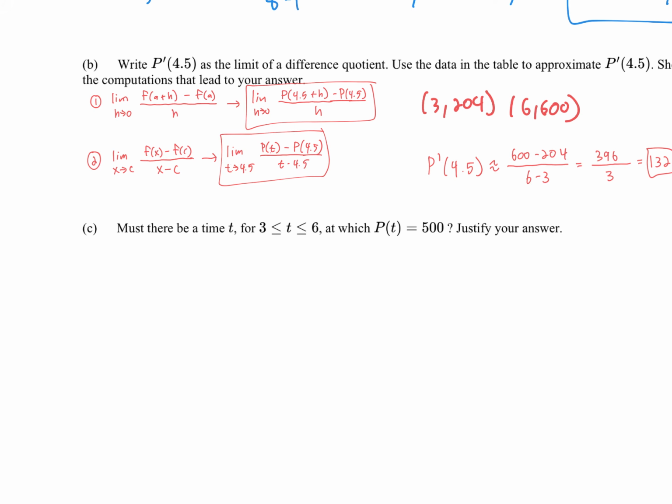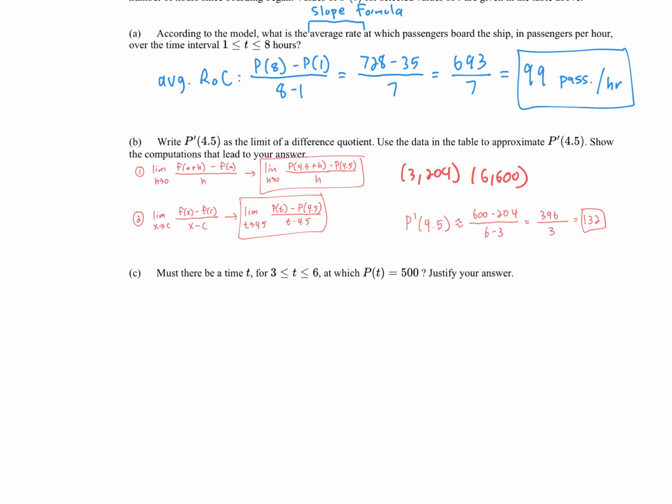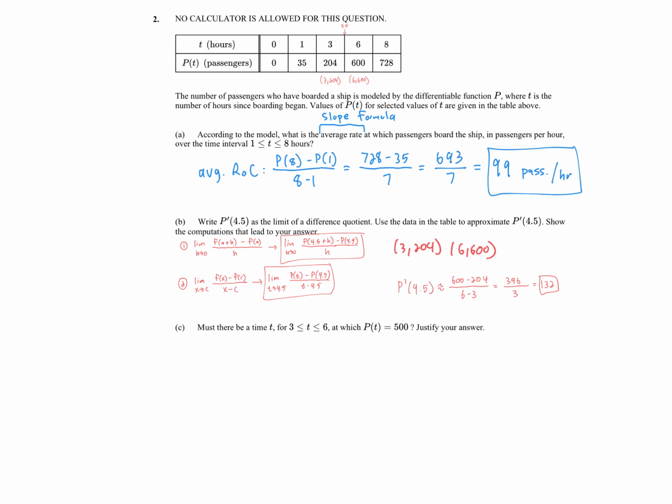One tip-off is that they're not asking what's the value of t where p of t equals 500. They're just asking if a value of t exists where p of t equals 500. The fact that they're asking if something exists is usually an intermediate value theorem question.